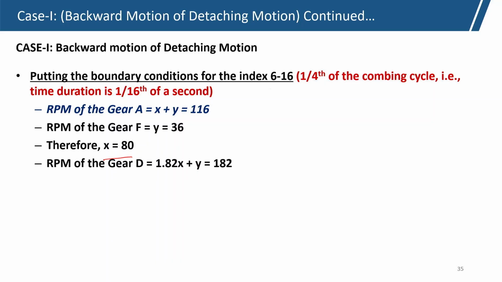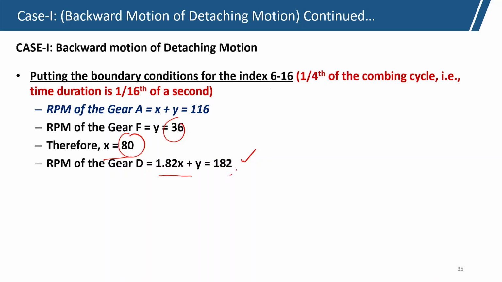And from there, RPM of gear D we have already seen in the table, RPM of gear D is 1.82 x plus y. So, if we replace y with 36 and x with 80, we get RPM of gear D, the output gear, 182.